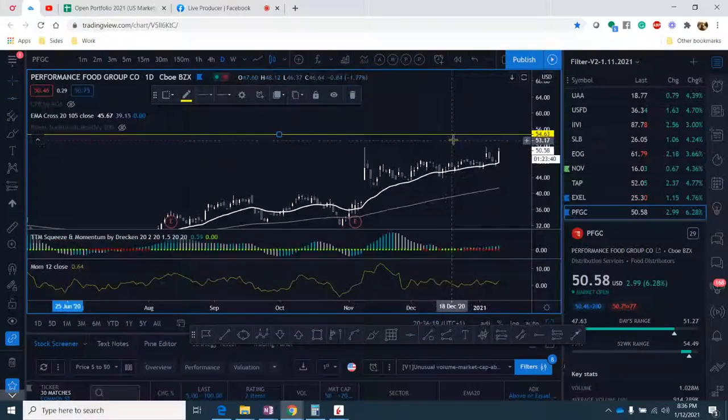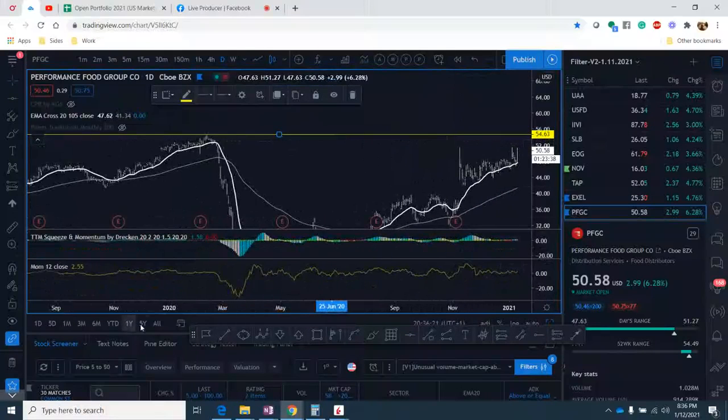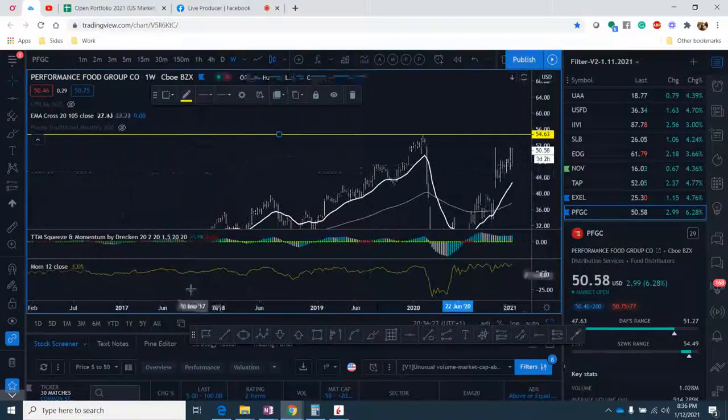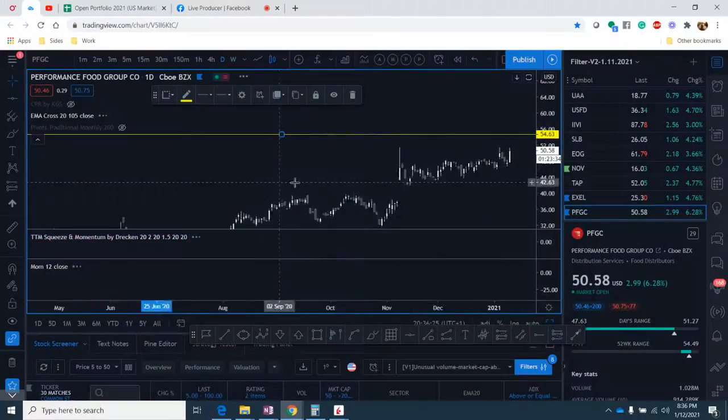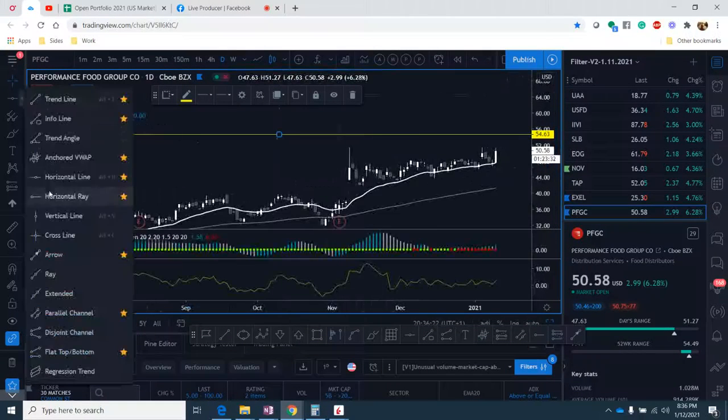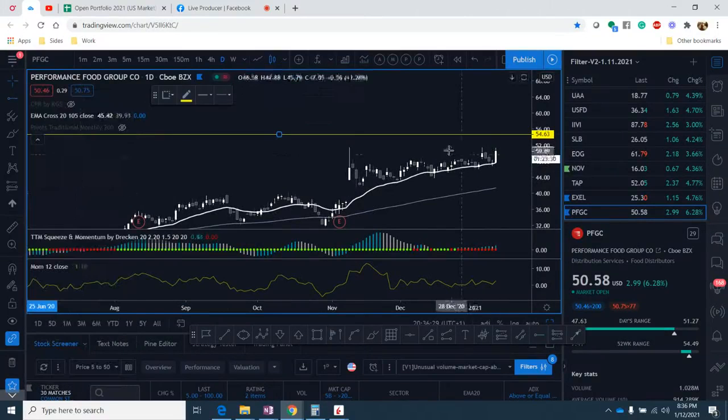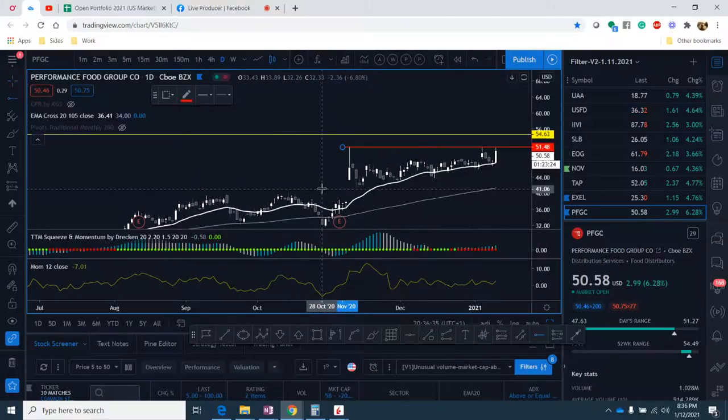It's close to the 1-year or 52-week high, or all-time high. And then we have resistance here. We have support here.